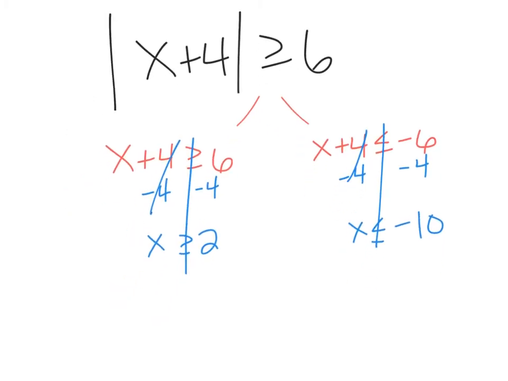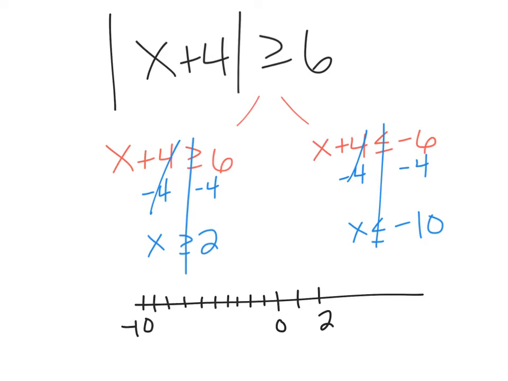So we're almost done, but now I need to decide if this is going to be a compound inequality or an OR inequality. So to help me figure it out, I use a number line. I'll put 0 here. This is 2. 1, 2, 3, 4, 5, 6, 7, 8, 9, 10. There's negative 10. So I'll do this first one in purple, the 2.